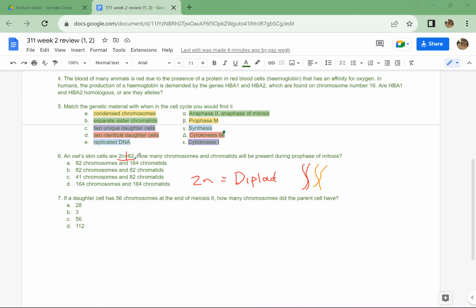So 2n means diploid, and 82 means that we have 82 chromosomes. So within an owl's cells, all of the chromosomes have a homologous pair. And out of all of these chromosomes, homologous pairs included, there are 82 of them.